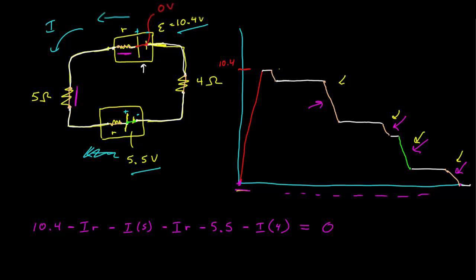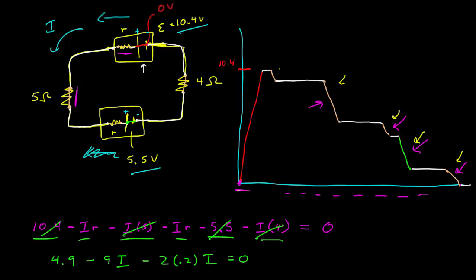Okay, so we can go ahead and solve this. Group our 10.4 minus 5.5 here is 4.9. And those terms, I have a 5I and a 4I, so that's minus 9I. And here's minus 2 of these internal resistances, 0.2 times I, equals 0.